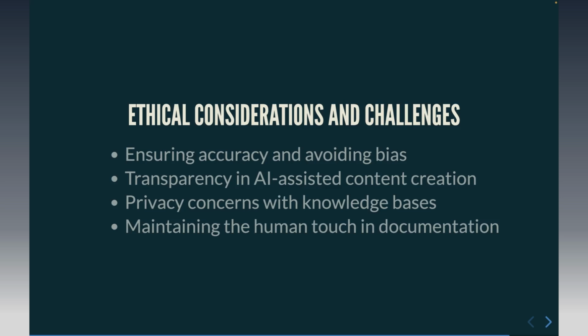There's a need for transparency about when and how AI is used in content creation. And we also need to consider privacy concerns, especially when building knowledge bases from user generated content. We need to strike a balance, maintaining the human touch in our documentation even as we leverage AI technologies.